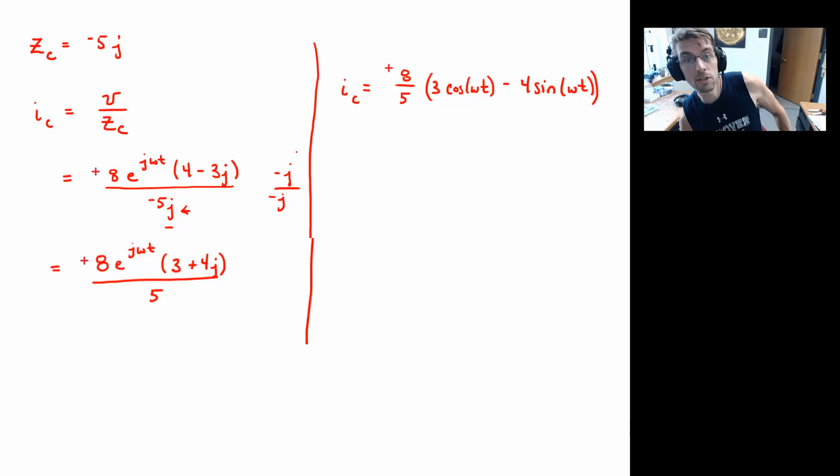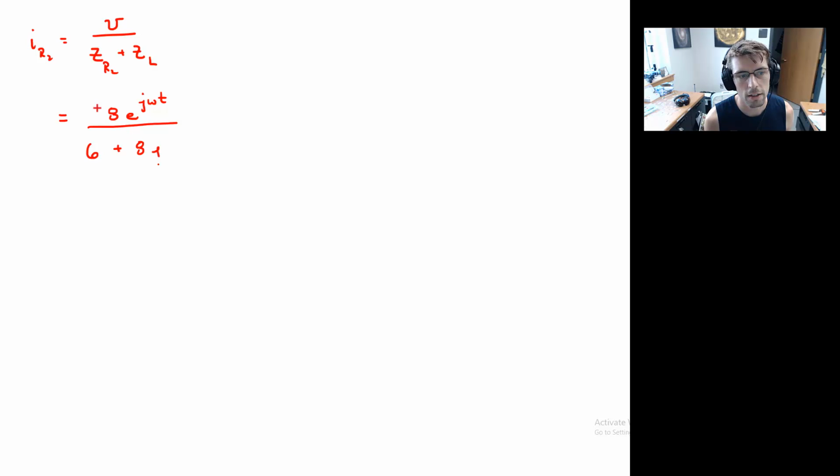Well, we might as well, for completeness, get the third current. Okay. The third current, the one running through R2, was V divided by the impedance of R2 plus the impedance of the inductor. And so again, we have something that says negative 8 e to the j omega t divided by 6 plus 8j.